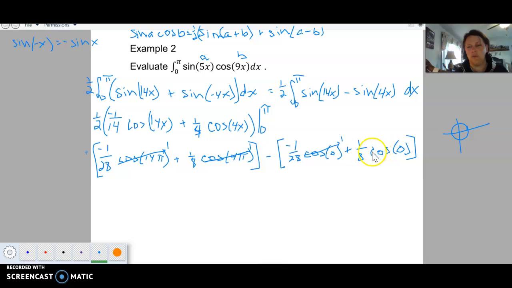It's going to equal 1. So we're going to end up with negative 1 over 28 plus 1/8 minus negative 1 over 28 plus 1/8. So we have the same thing, subtracting them, and the answer is going to end up being 0.